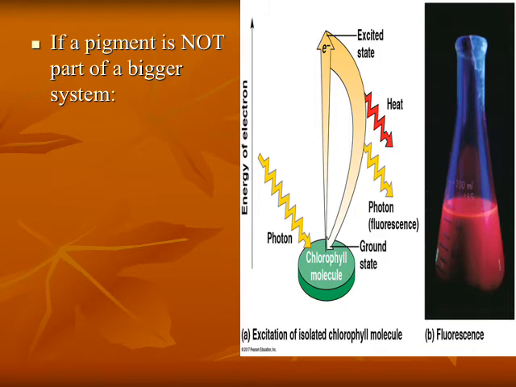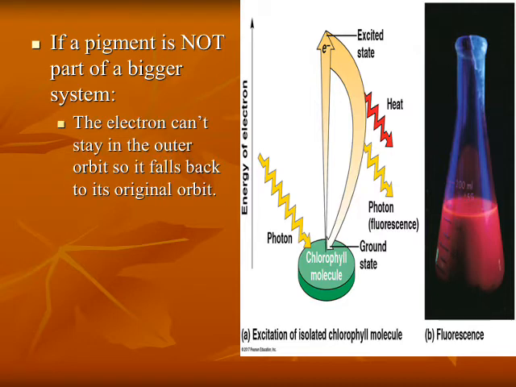So let's get an idea of what actually happens when light hits those chlorophyll molecules. If the pigment is not part of a bigger system, the electron can't stay in the outer orbit. When the light hits the chlorophyll molecule, that electron gets pushed up, boosted to a higher energy level.